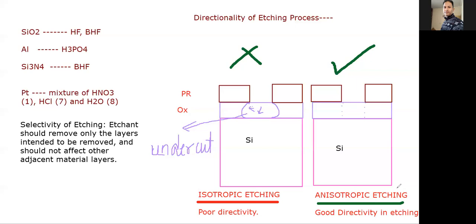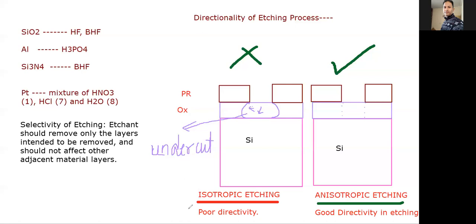One is directionality of etching, which is also called directivity, and second is selectivity.